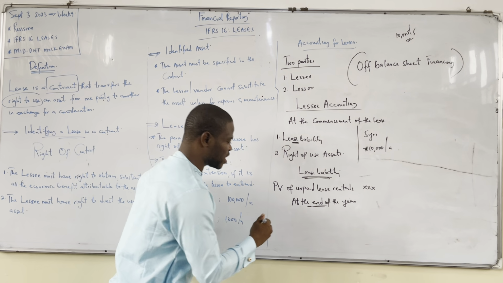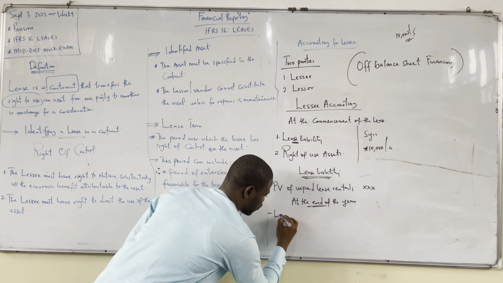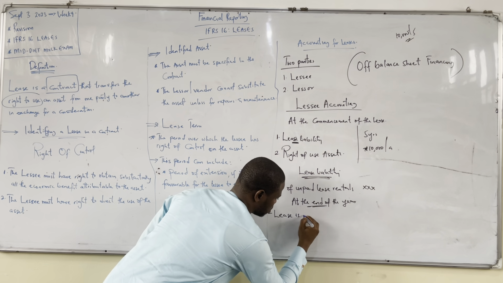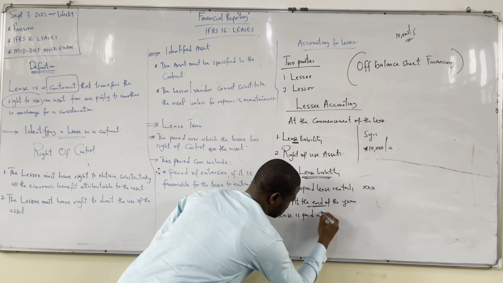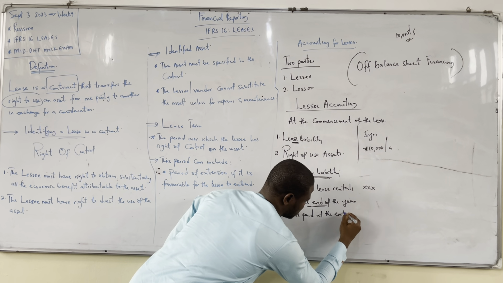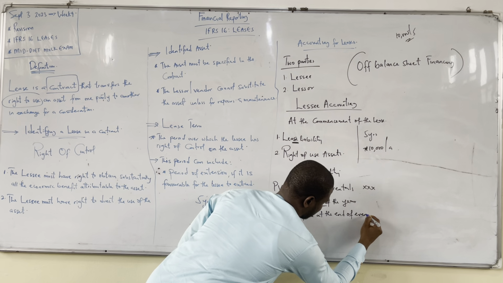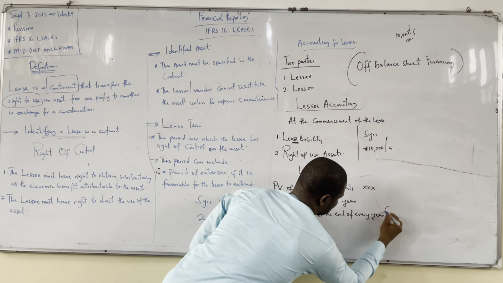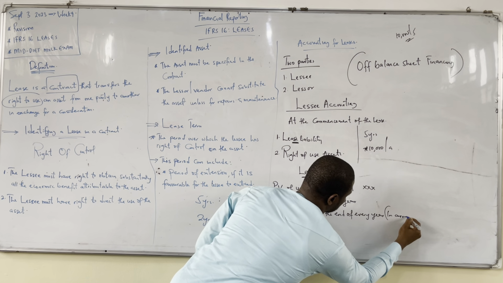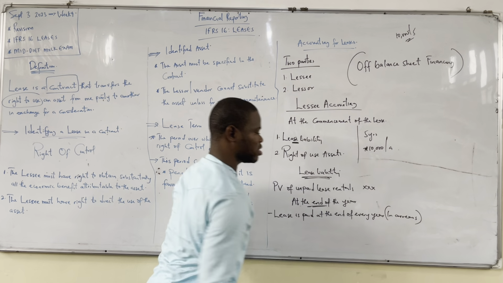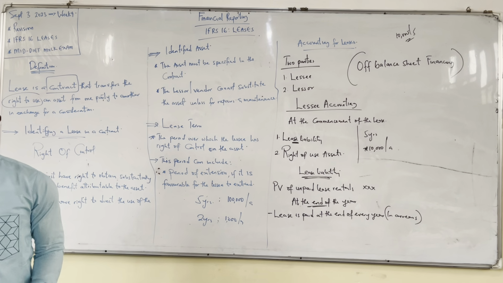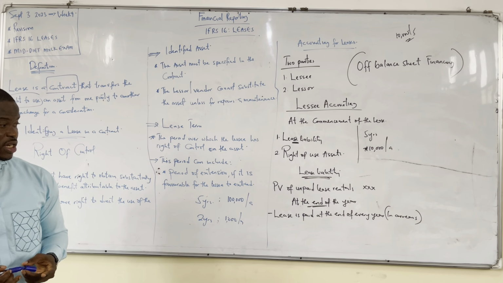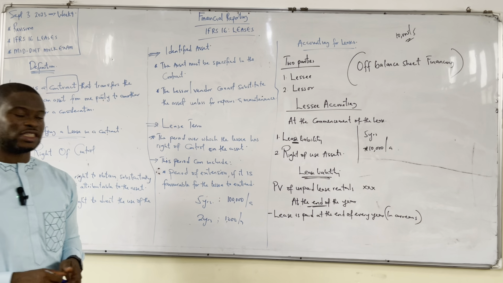Okay, so let's consider the first one, where lease rental is paid at the end of every year. That is in arrears. This is what we call in arrears, where lease rental is paid at the end of every year. That is in arrears.